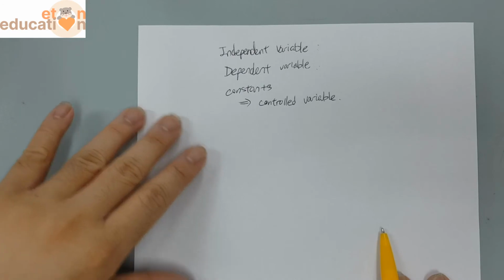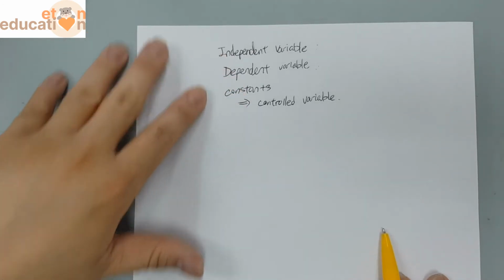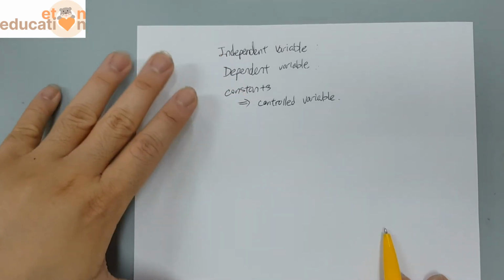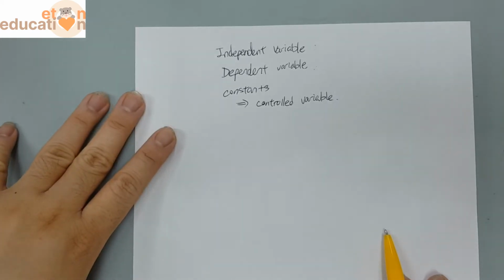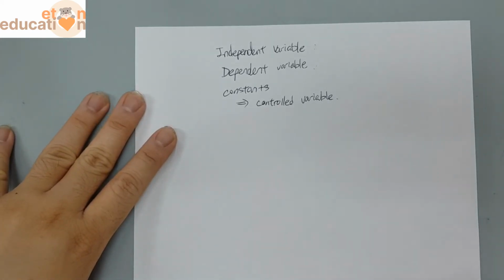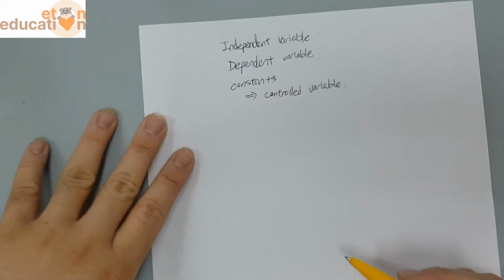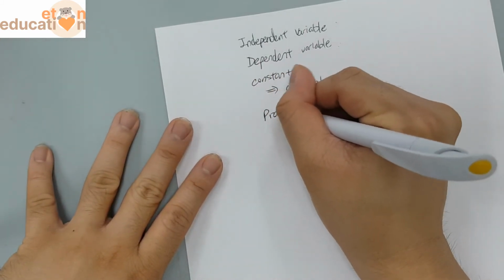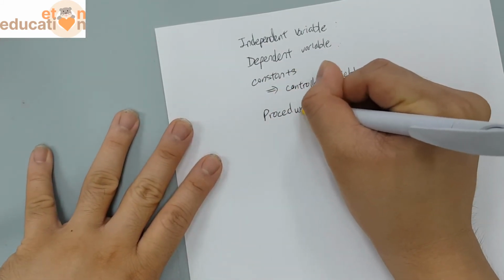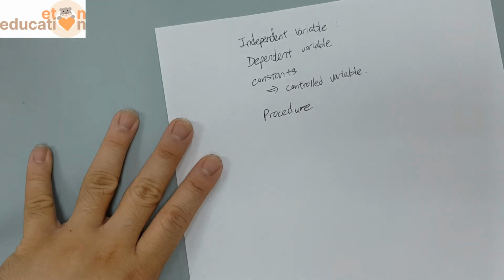After you have identified your independent, dependent and control variables, it's time to describe your experimental procedure. In the experimental procedure, you have 3 questions to answer.